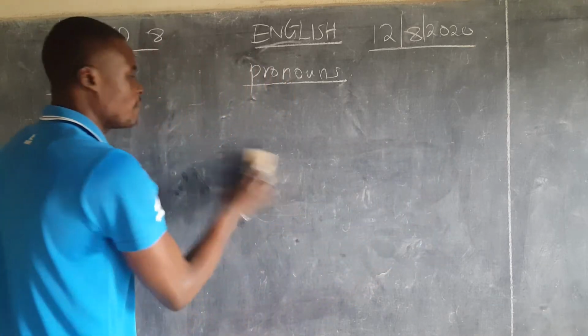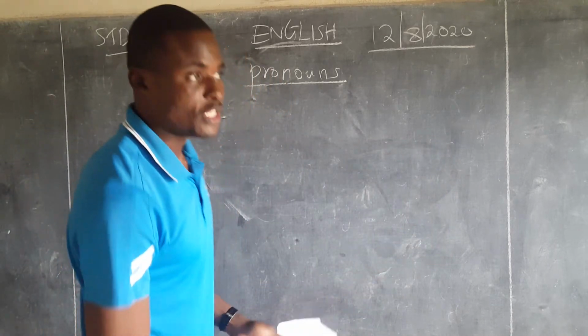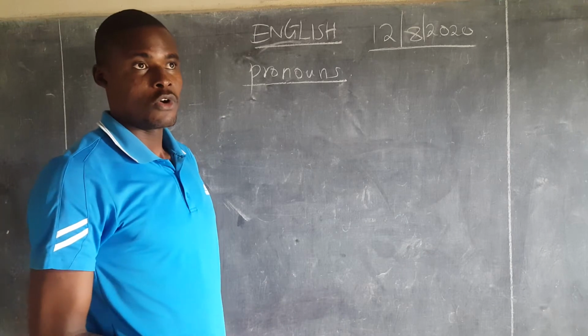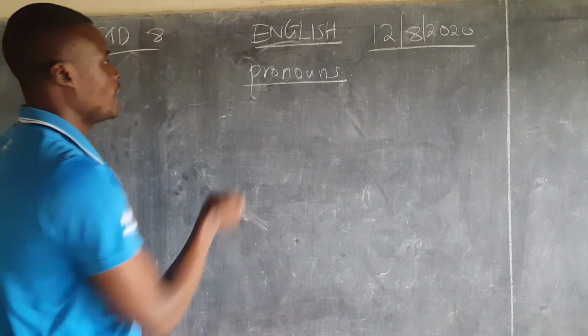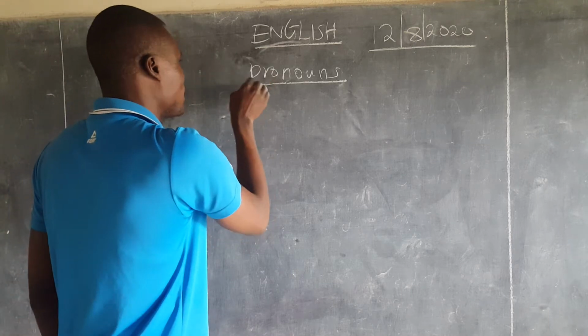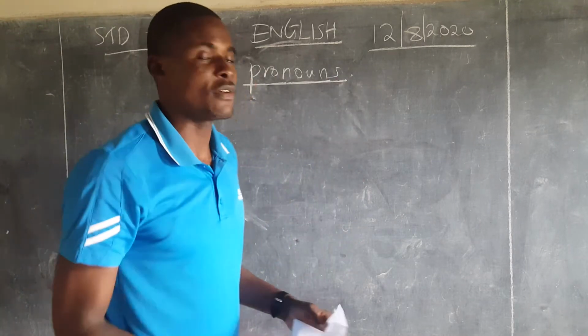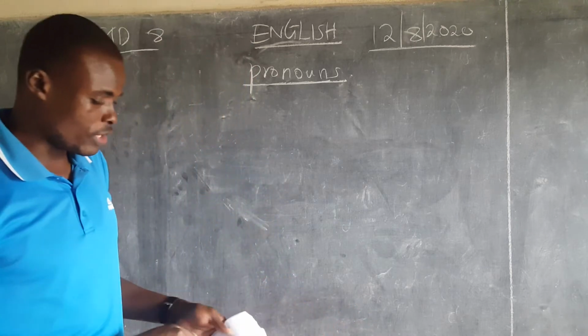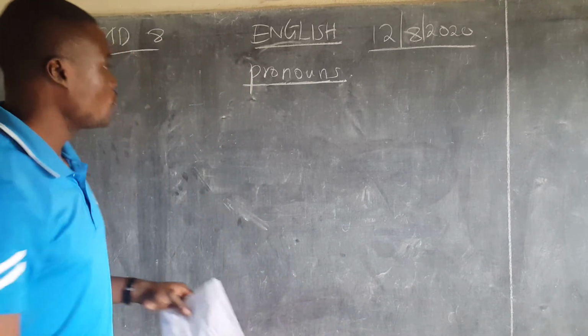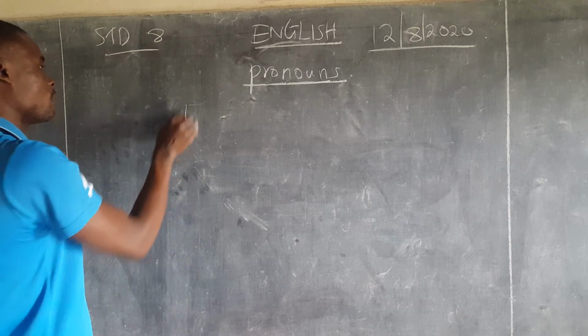So we know other examples of pronouns, like the one that shows ownership. We call them, okay, let me not go into that because it will take most of our lesson. I want our lesson to be as short as possible. So we're going to go directly to personal pronouns.